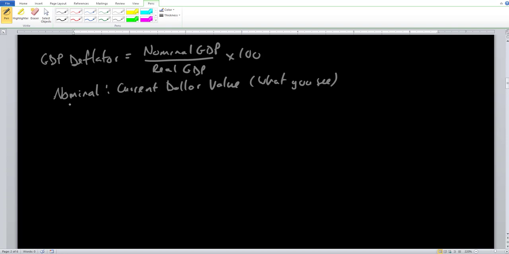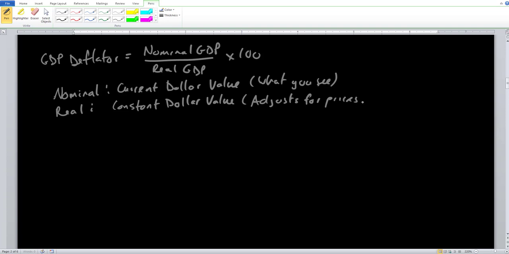Real GDP, on the other hand, is a better measure for GDP, as we noted, because it controls for prices. It's something known as a constant dollar value, meaning that we have some type of base year. It adjusts for inflation, so it adjusts for prices, and it uses a base year.